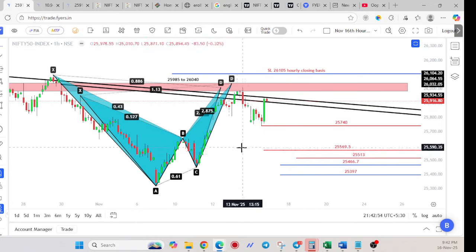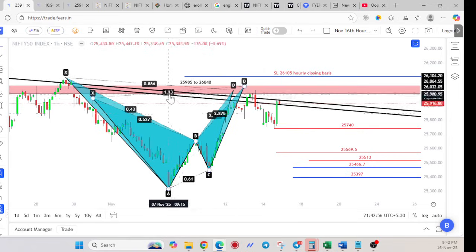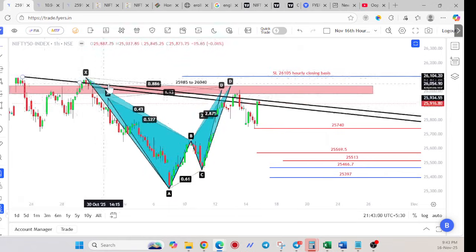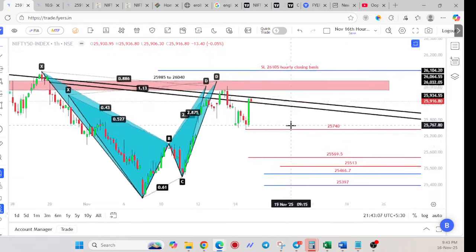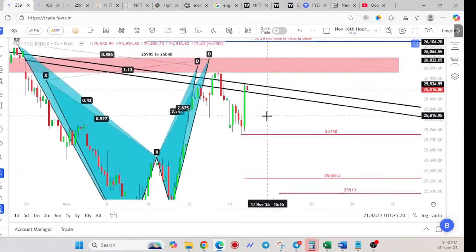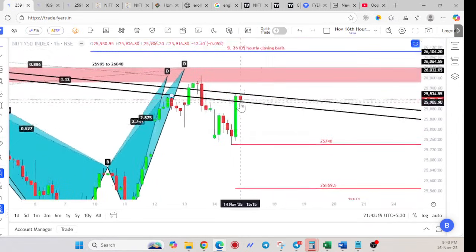Why is it important? You see the black colored trend lines, two trend lines. On the hourly chart you see these two resistance lines, with the last two candles taking resistance here, and the last hourly candle taking support at this black line.